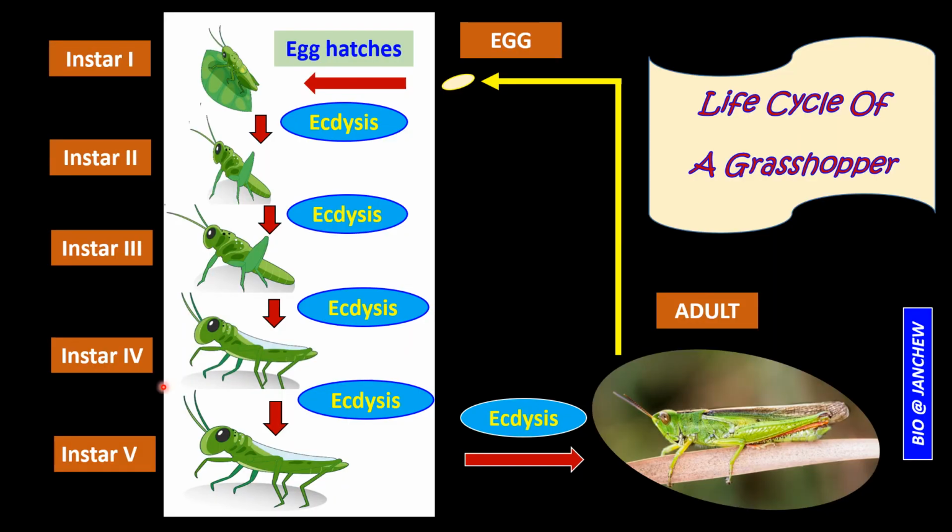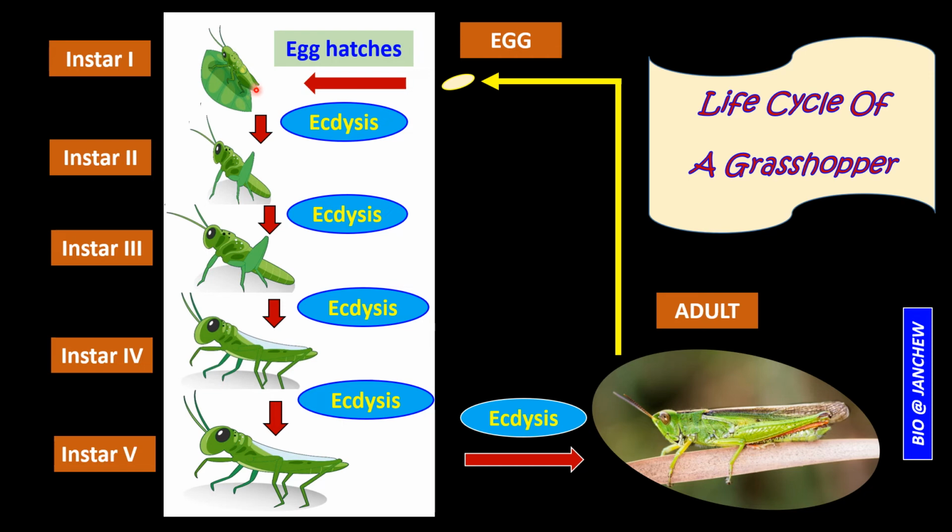The diagram here shows the life cycle of a grasshopper, right? Starting from the egg stage. So the egg hatches to produce the first instar, which is a very small grasshopper. Then as the body mass increases and the tissues inside the grasshopper increase due to cell division, it will be time for the grasshopper to shed its old exoskeleton, which will become too small for it, right?